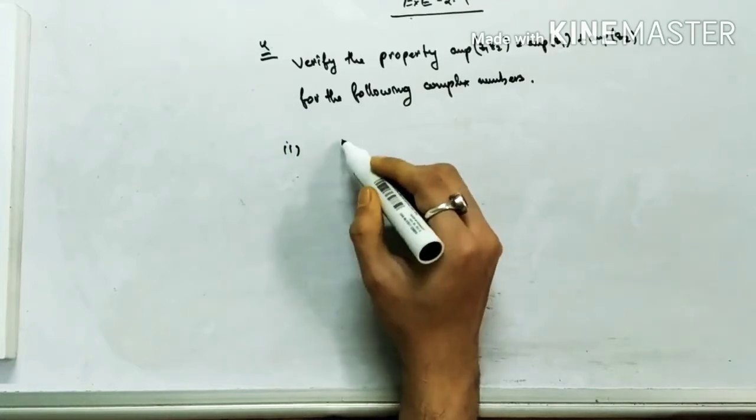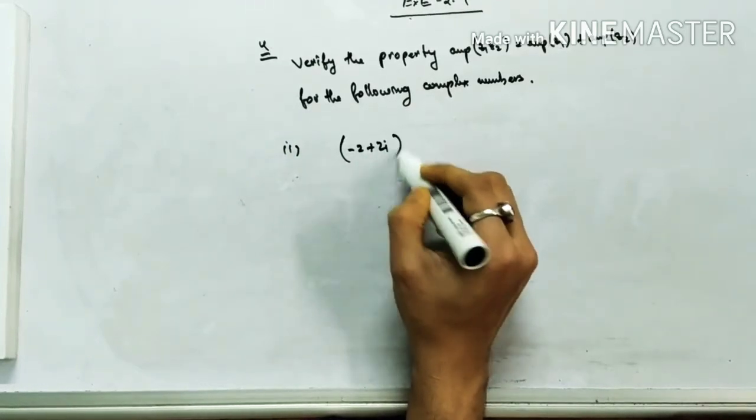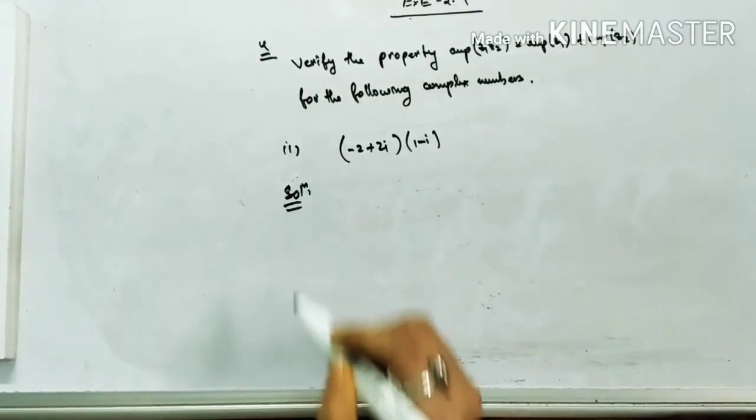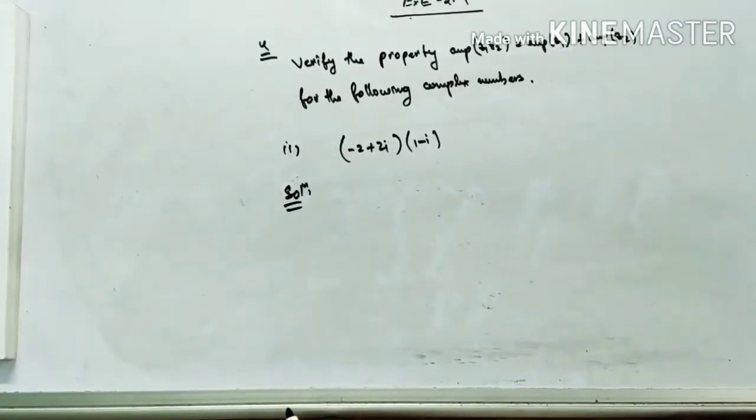Number 1: minus 2 plus 2i, 1 minus i. Verify the property amplitude z1 z2 is equal to amplitude z1 plus amplitude z2.